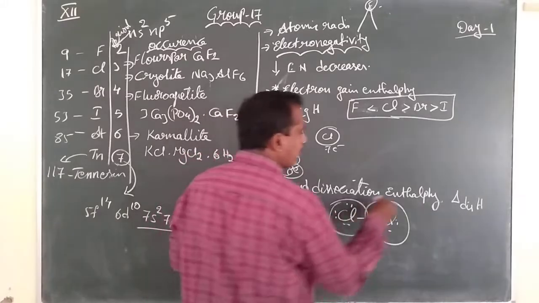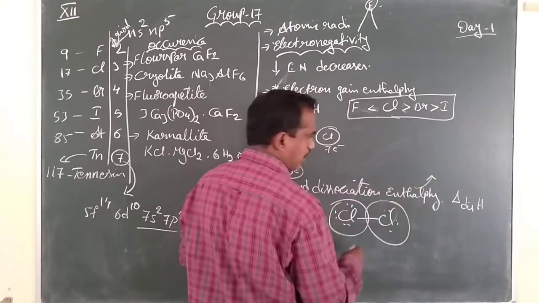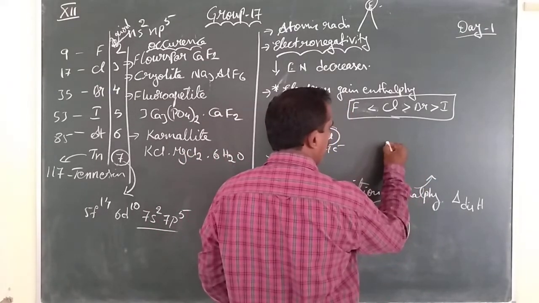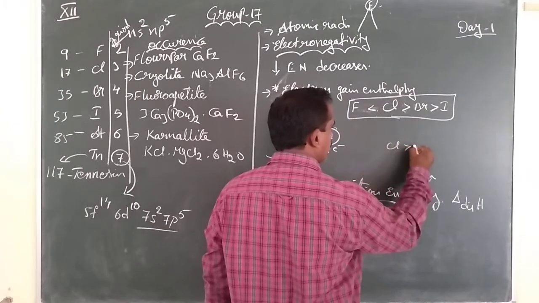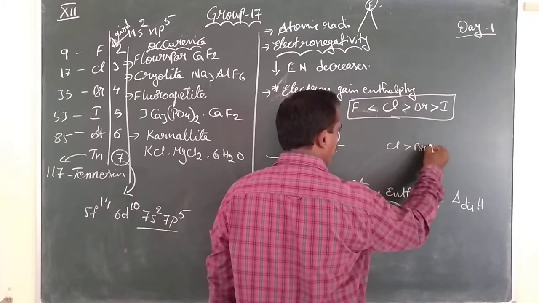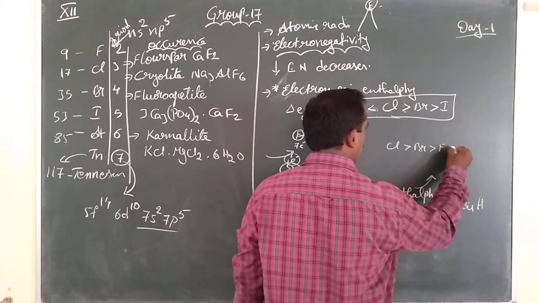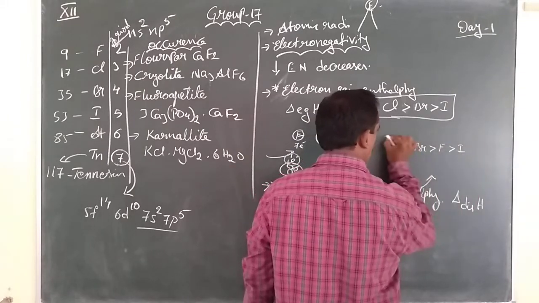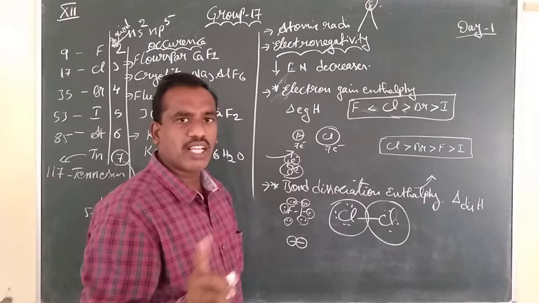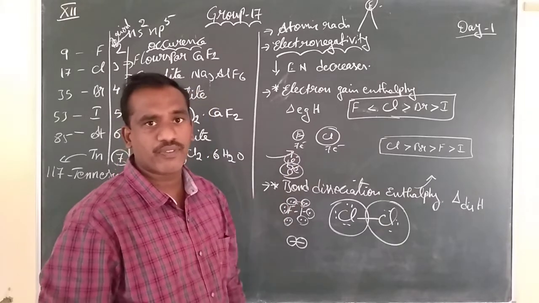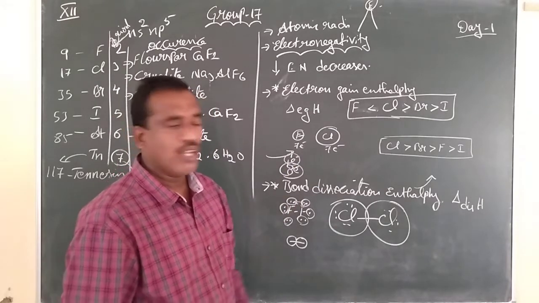And now the order we want about the bond dissociation enthalpy. Chlorine's bond dissociation enthalpy is more than bromine, which is more than fluorine, which is more than iodine. You don't need to memorize the values by heart. Remember this order. That will be very clear for you.